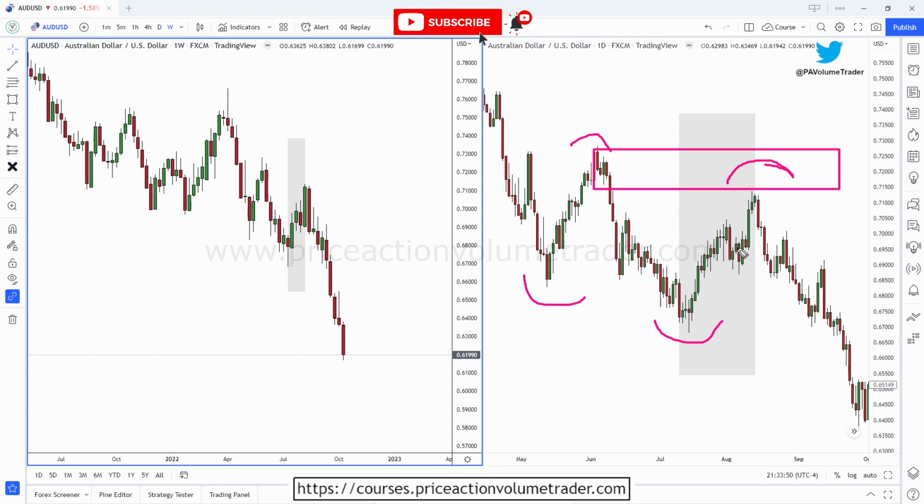Even though we can see here on the lower time frames, we did make a higher low and a higher high. But this is what I'm telling you, if you're a swing trader, you got to pay attention to the weekly time frame, because this is telling you that until the market breaks above this previous swing high right here, the structure is still down.